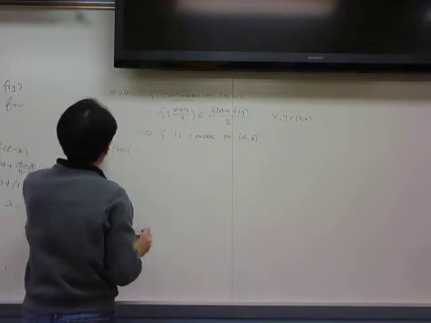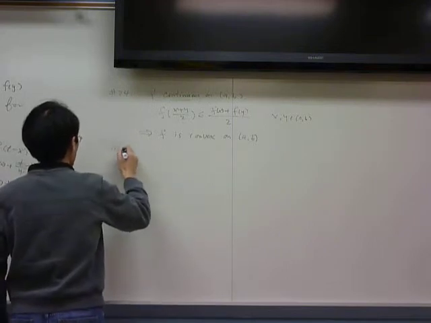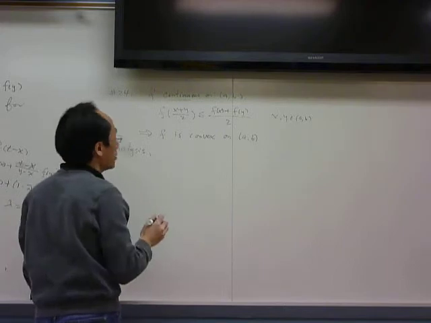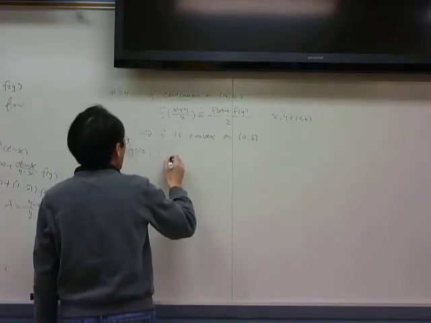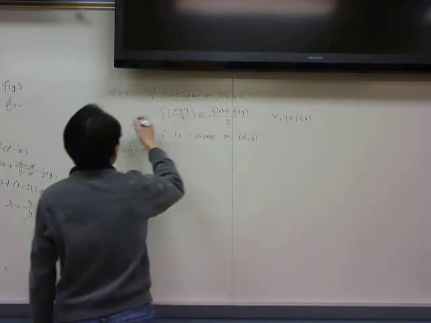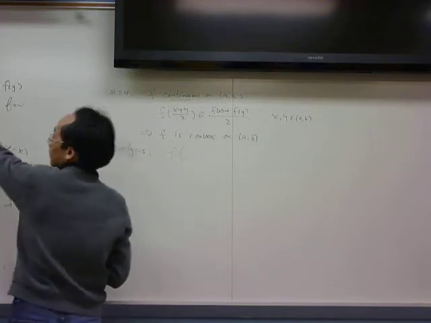So, before I do the proof, let me do a little bit of analysis. For example, I consider this is true, this is like lambda equals 1 over 2 in this definition, right?